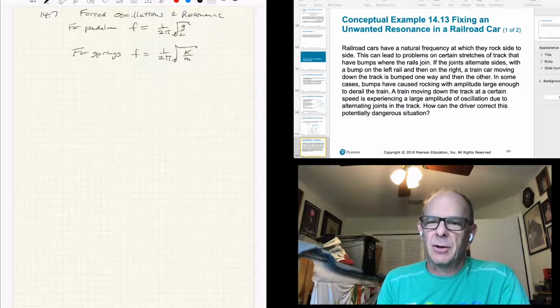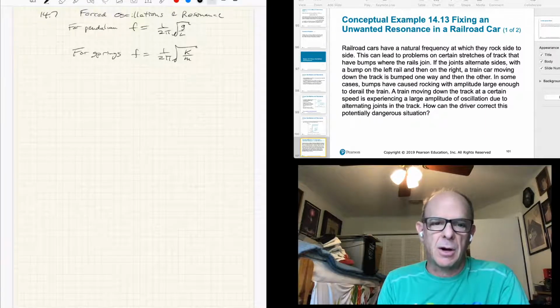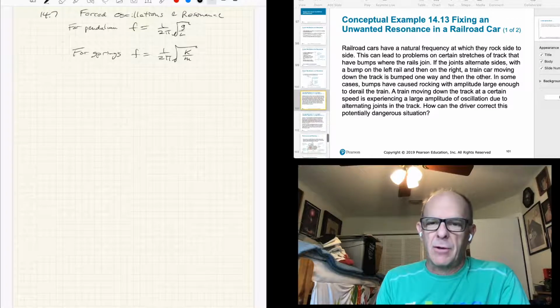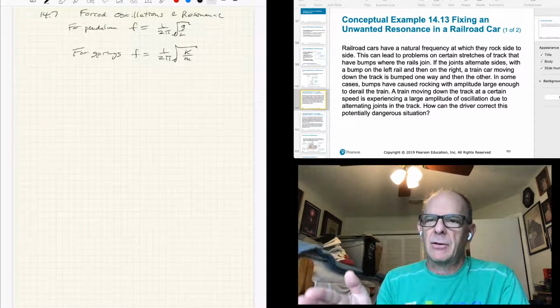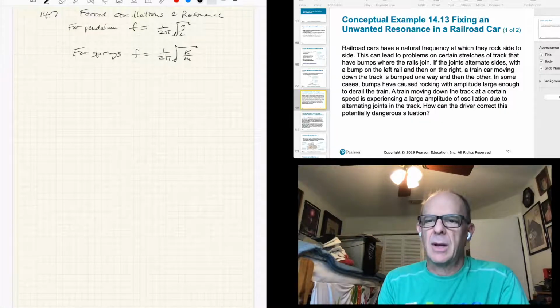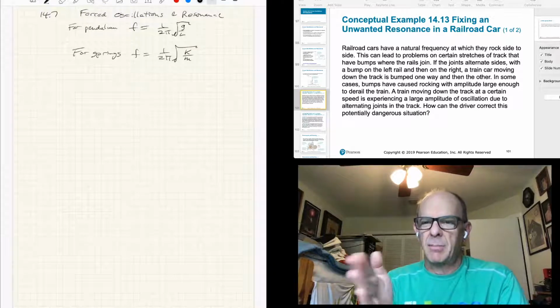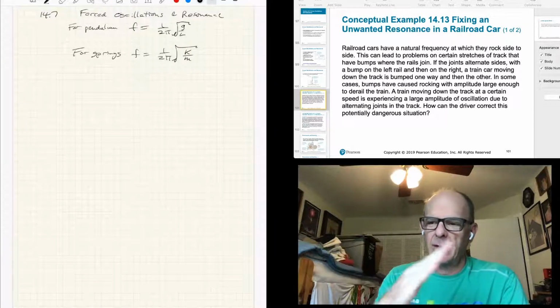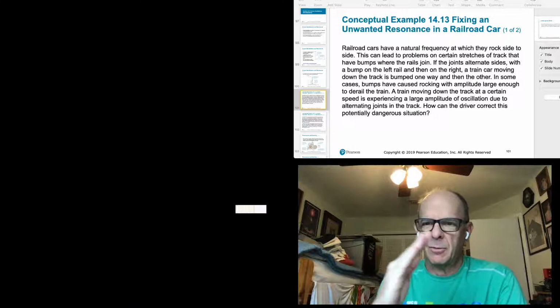This first conceptual example refers to not an automobile, but a train car going over a bumpy track. The train car has its own natural frequency, sort of like a pendulum frequency. It can tip side to side, so it's like a physical pendulum.